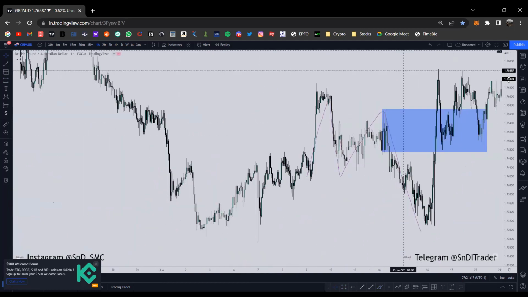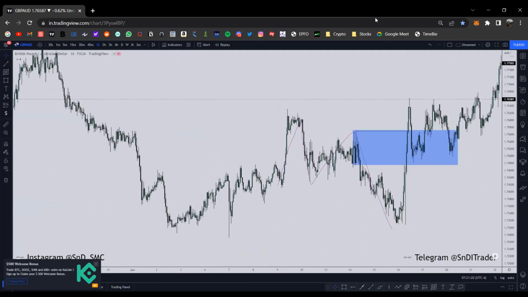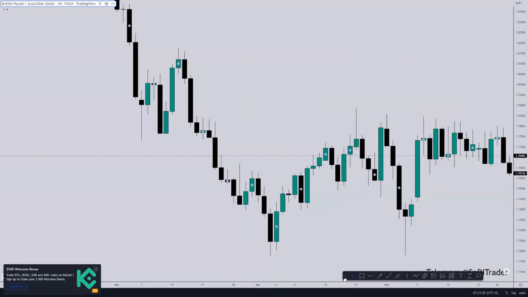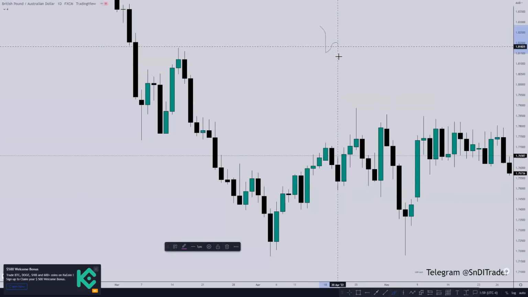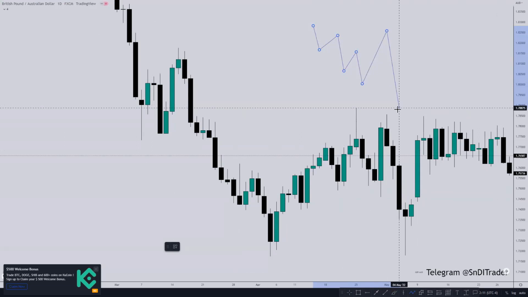And some more examples. Again, same thing. Price makes lower low, lower high, lower low, lower high, lower low, higher high, then moves towards the downside.